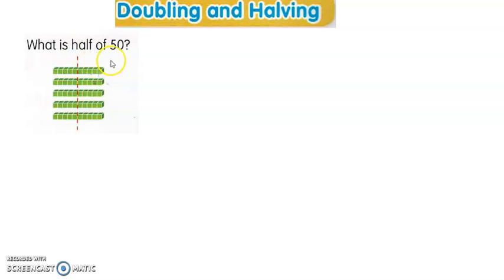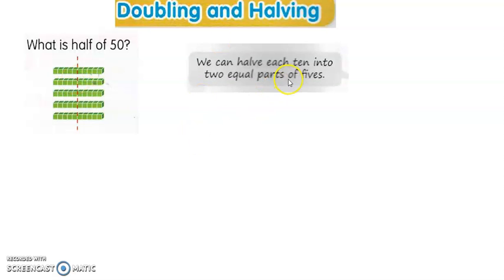Now, what is the half of 50? Actually, how many tens are in the number 50? Let's count them. Here we have 10, another 10, another 10, another 10, and one last 10. So we have 5 tens, right? Because we have 5 tens in 50, we can halve each 10 into two equal parts of 5. So the first 10, I'm going to halve it into two parts. So I'll get 5 here and 5 here.